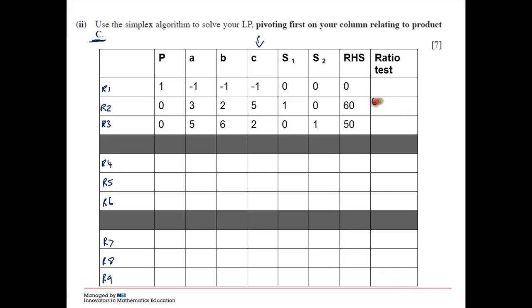Pivoting on C, our ratio test is going to be 60 over 5 and 150 over 2. So we will use this as our pivot element because that's the smaller one. So our 5th row is going to be row 2 divided by 5. And the reason I selected this one is because it actually has some quite nasty numbers in it.